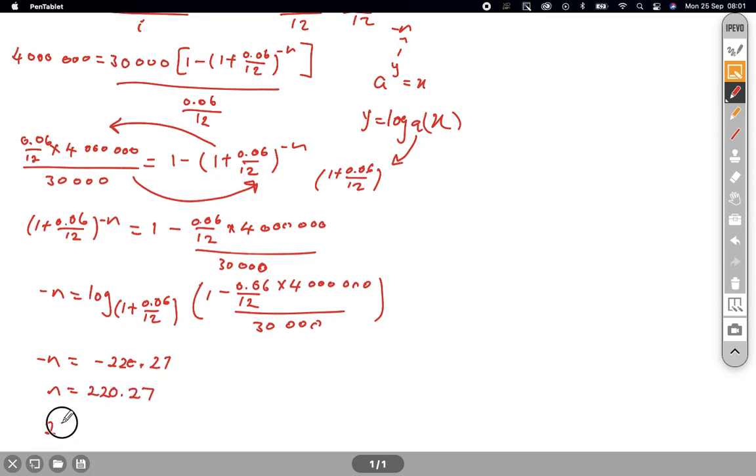So we can see that the person will make 220 withdrawals.